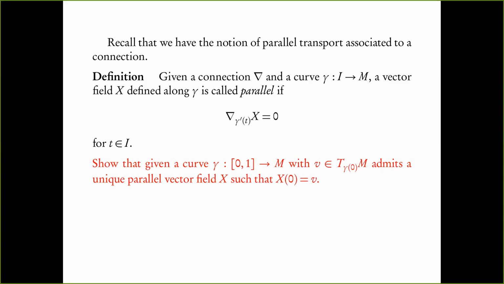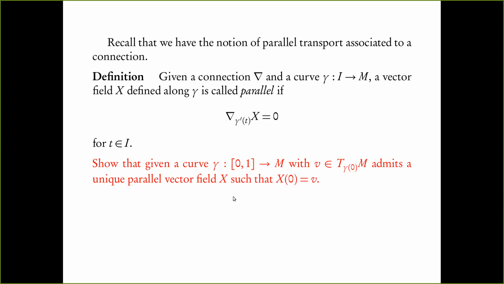So this is an exercise which I had maybe orally assigned in class, but I'll assign it officially now. This is again an application of the Picard-Lindelof theorem. If you're given a curve with the initial tangent vector v at gamma 0, show that there is a unique parallel vector field x such that x of 0 is v, which means x is a vector field satisfying this equation defined along gamma, and x at time 0 is the initial vector that you have prescribed.